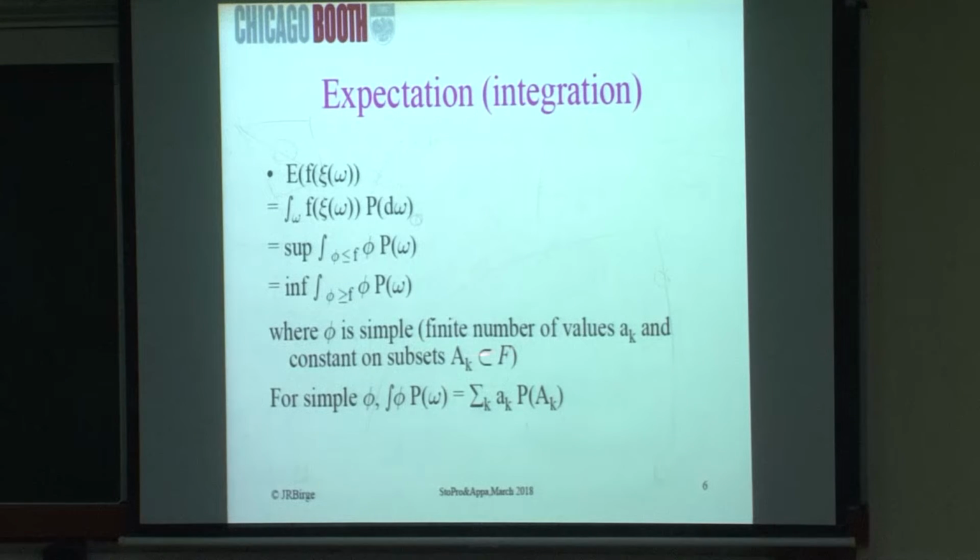So the simple functions, again, have a fixed finite value on subsets. Here I seem to use f instead of a, but subsets of all the possible subsets. So I'll have a finite value on subsets of all the possible subsets, and that gives me something that's well-defined.